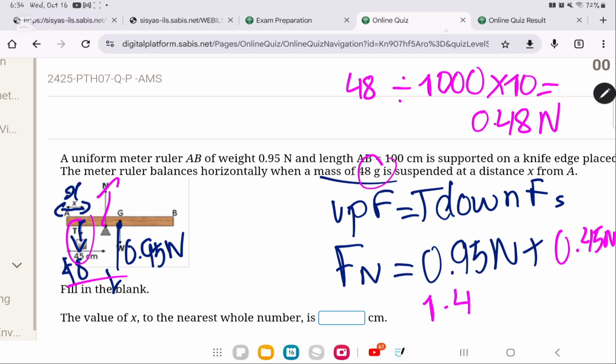Guys, don't do like me in the exam and make the dumbest mistakes that you can avoid, okay? So it's 0.95 newtons, the weight of the ruler, in addition to the extra weight downwards, which is 0.48 newtons, and you will get 1.43 newtons. This is the upward force, the force N.